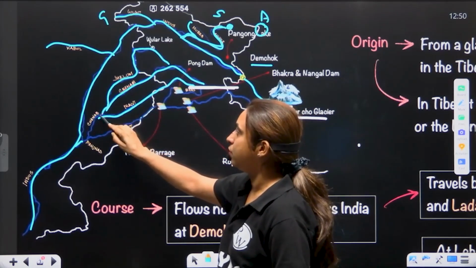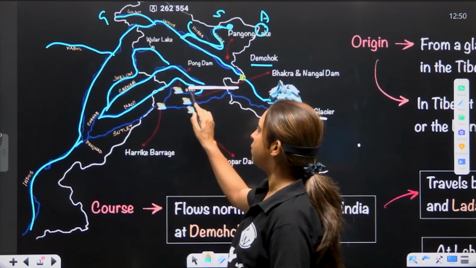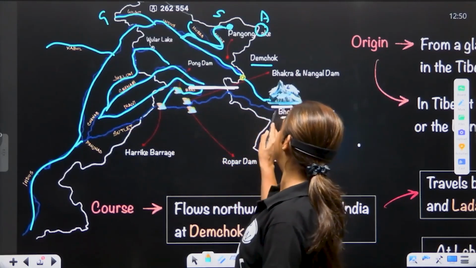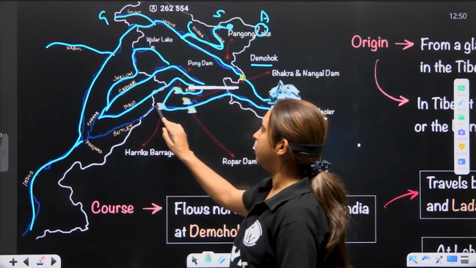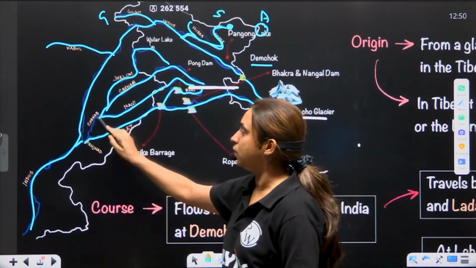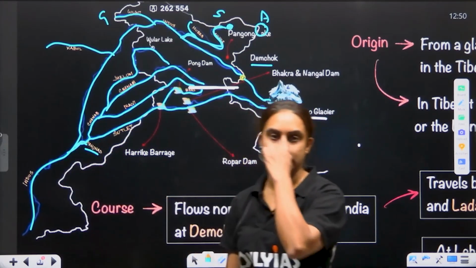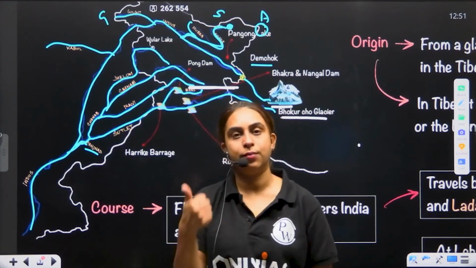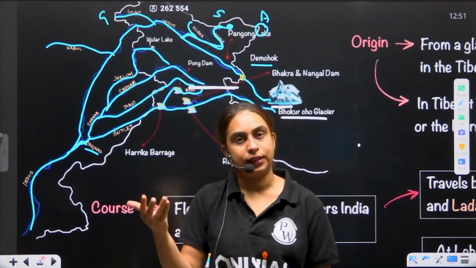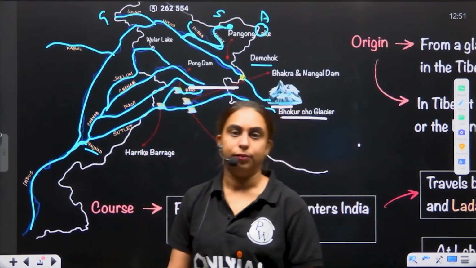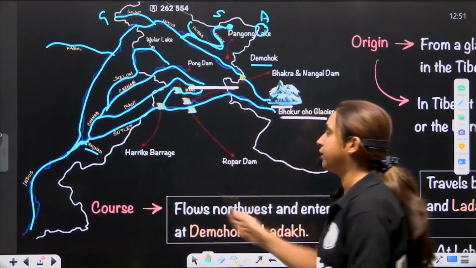You have Ravi River, so Jhelum, Chenab, Ravi. You also have a Beas River, which is combining to the Sutlej River, and all of these combined together becomes Panjnad, and the Panjnad then meets the Indus. So on the left bank you can see Jhelum, Chenab, Ravi, Beas and Sutlej, all 5 coming together and become the Panjnad. So this is about your Indus River system.